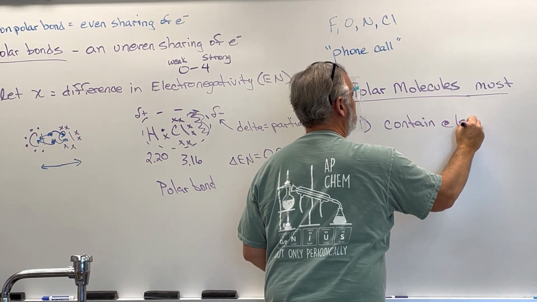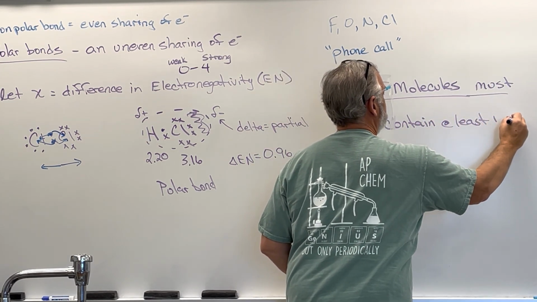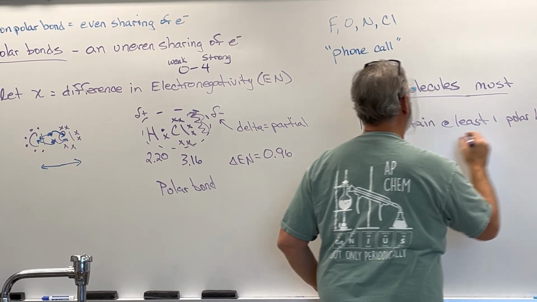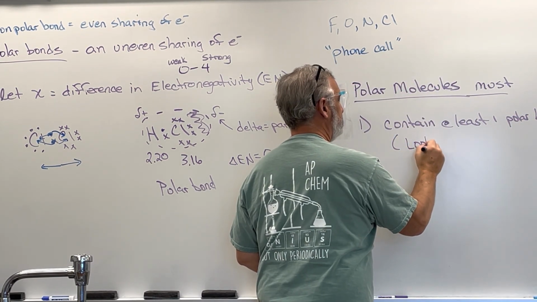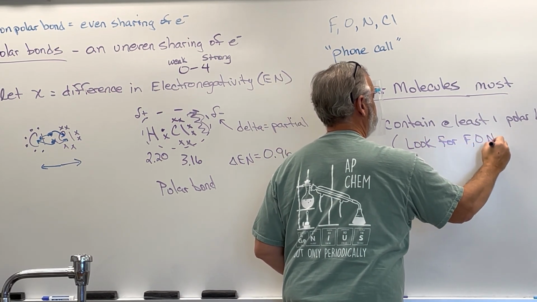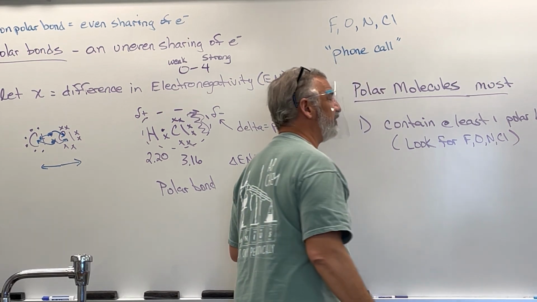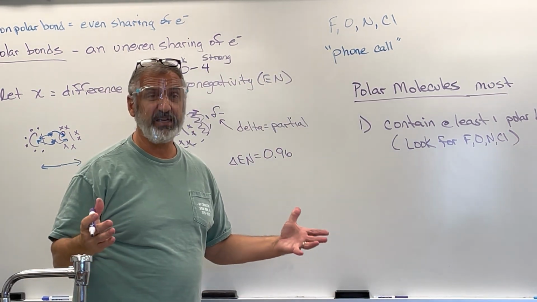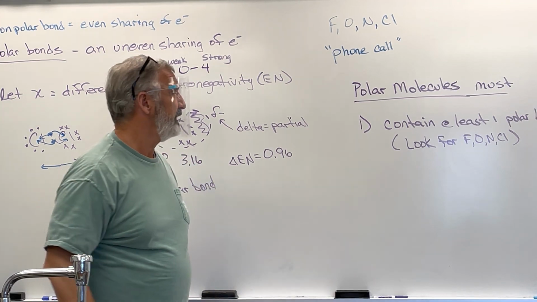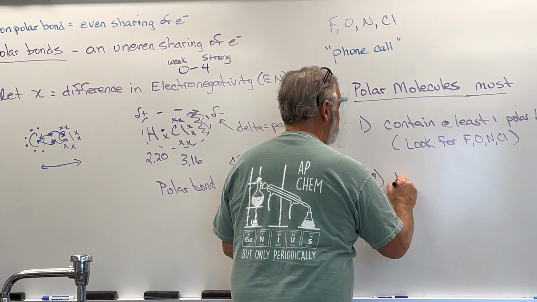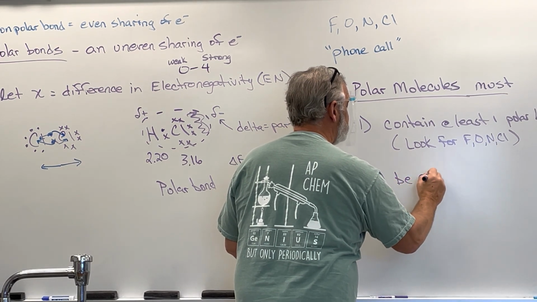That's why we just learned what we did. And this is where we look for a phone call. Now it's really fluorine, oxygen, nitrogen, or chlorine. You don't have to have all of them, you just have to have any one of them present. But here's the key thing too: the molecule must be asymmetrically shaped.